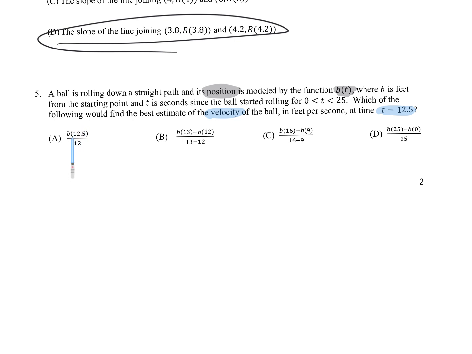If I plug in 12.5 to this function, that's just getting me my position. What about change in y over change in x between 13 and 12 as my t, or between 16 and 9, or 25 and 0? Thoughts? It's going to help me get the most accurate velocity at 12.5 seconds. You're saying right around it, just between 12 and 13. The closer I can get to it, the better.